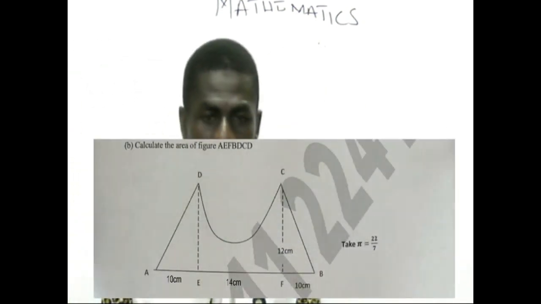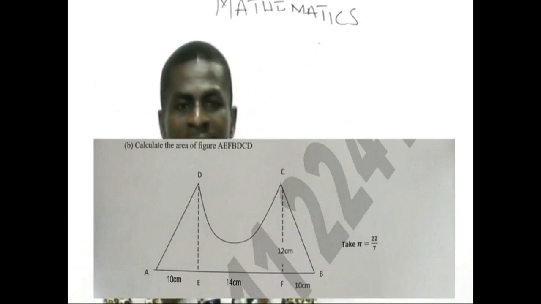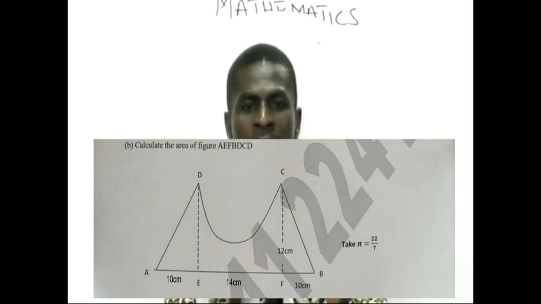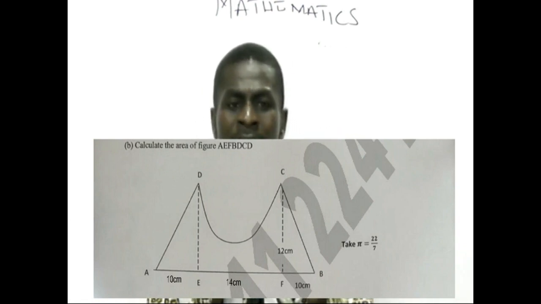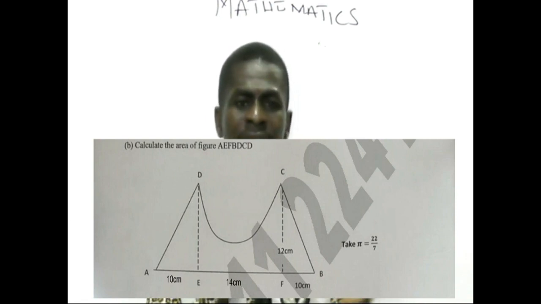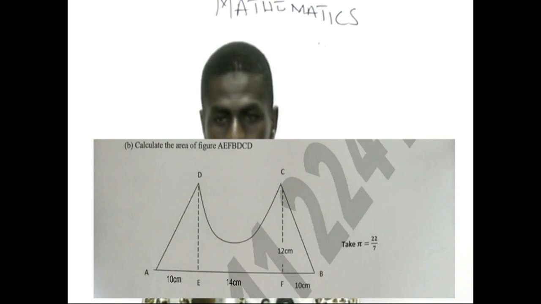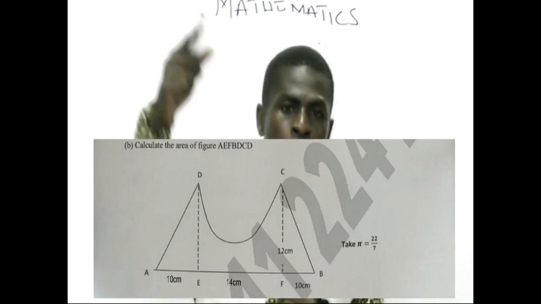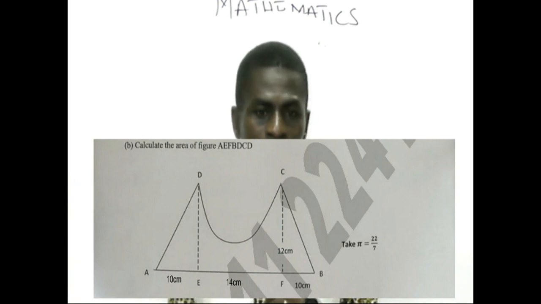Now, a trapezium is simply a four-sided figure with one pair of its sides being parallel but unequal.